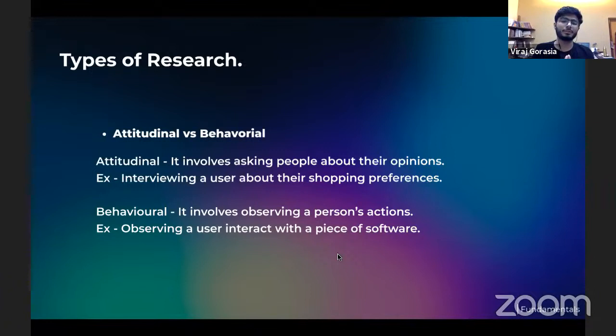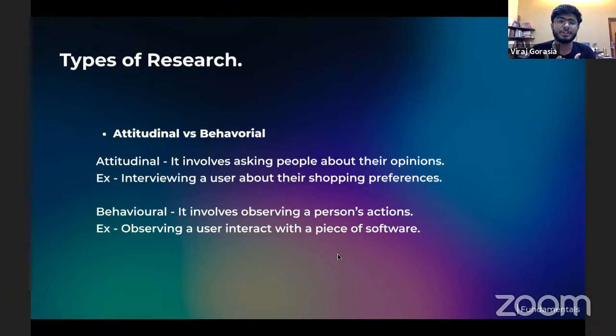Second is behavioral. It involves observing a person's actions. As a researcher, this is a very important thing to keep in mind: people not always mean what they say. Not that they are lying. It's human nature where they mean something and end up saying something else. It happens in our life as well.